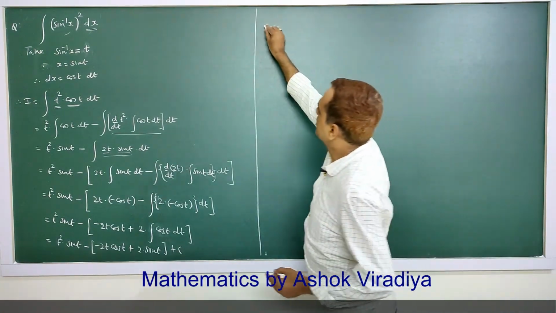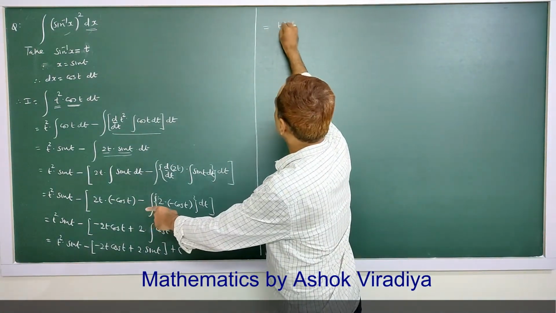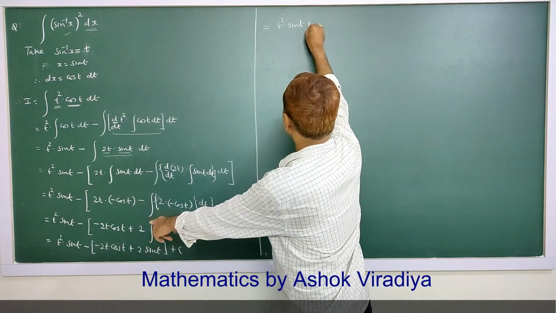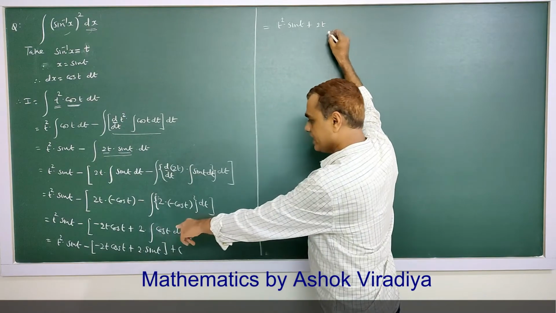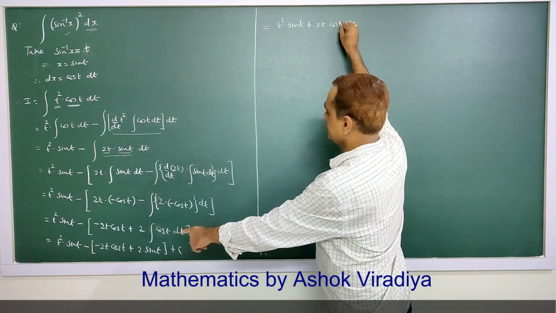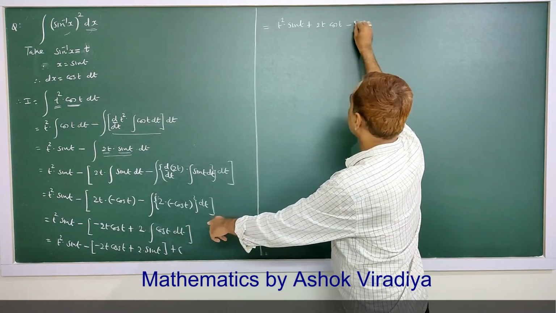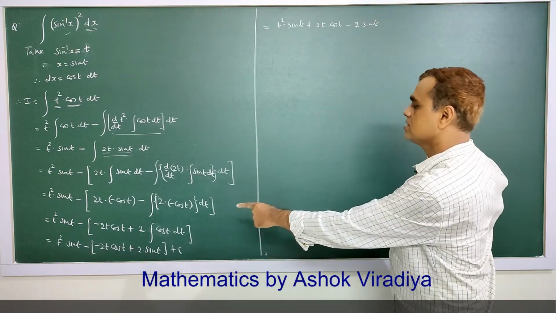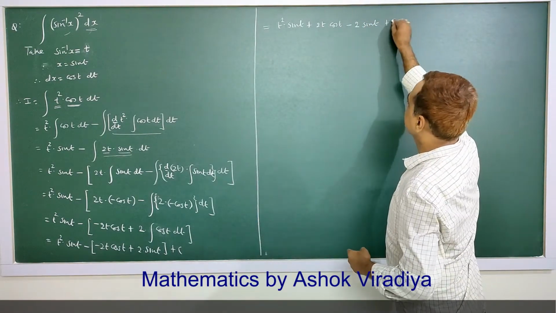So it is equal to t square into sin t minus 2t cos t, then minus 2 sin t plus c.